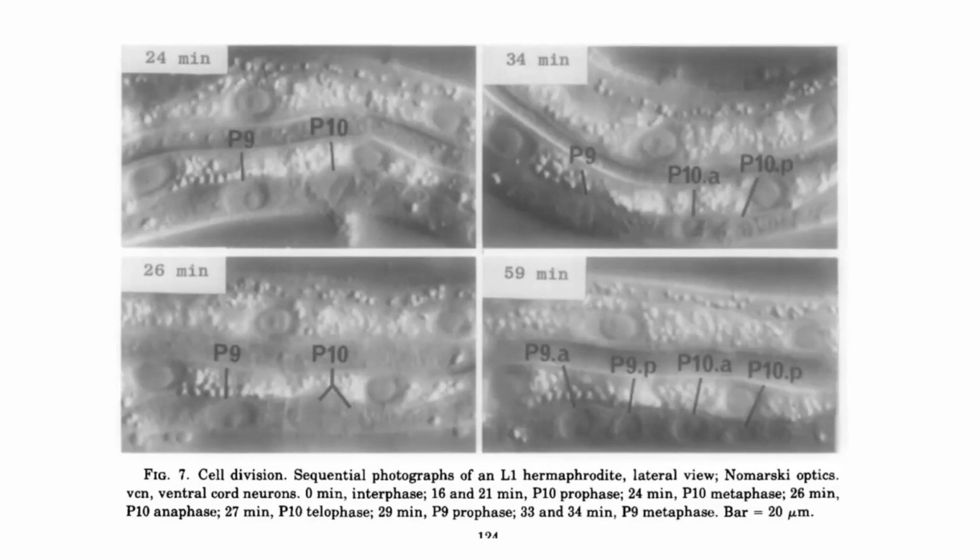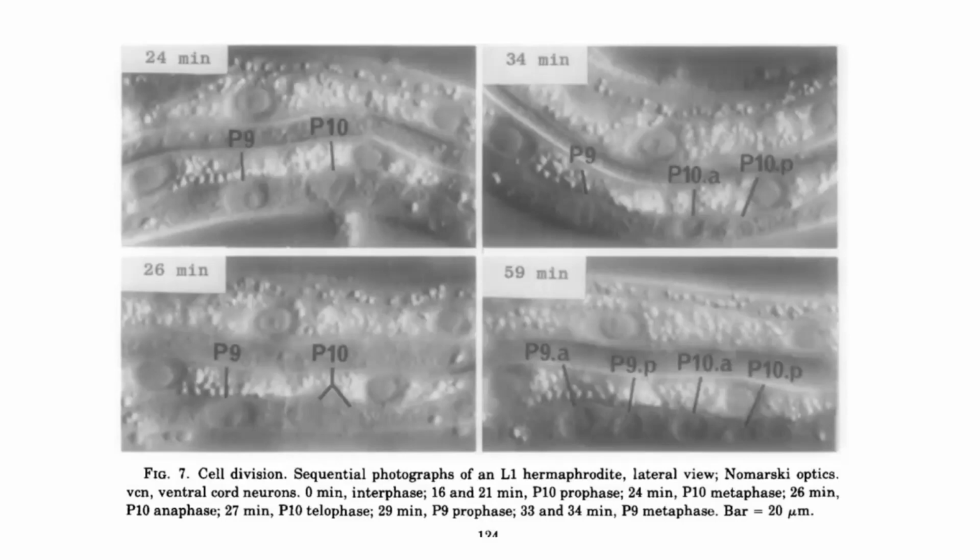So P10 has divided now into the P10A lineage and the P10P lineage. And by an hour now both the P9 cell and the P10 cell have divided. So these 4 cells at this time are descended from these 2 cells an hour earlier. And this is just 2 into 4.